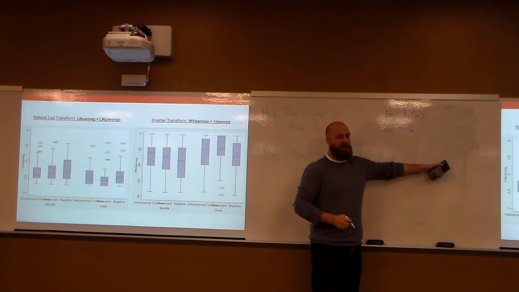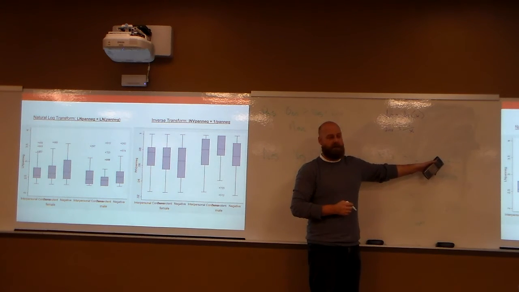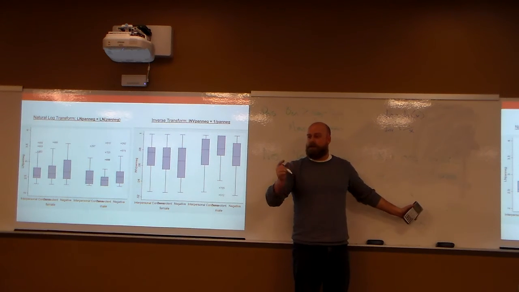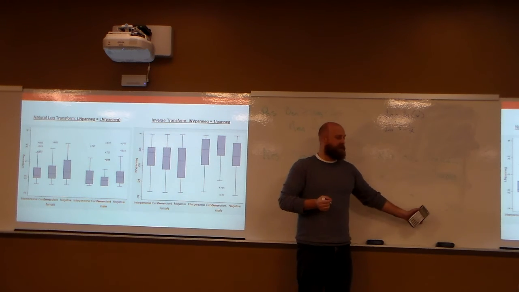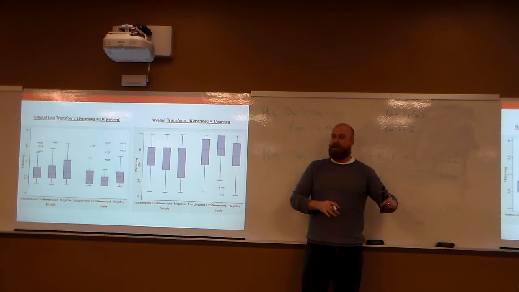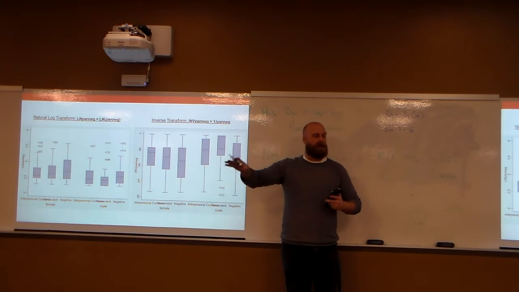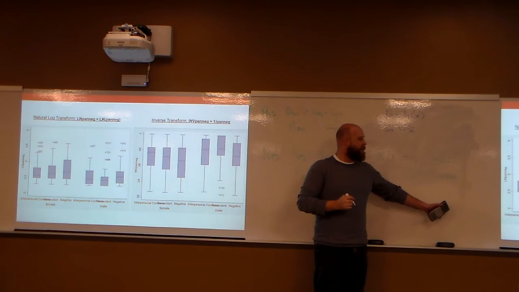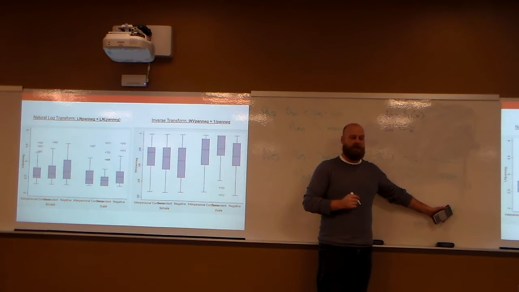If I subtract this from that, is that 250? Nope. Now all of a sudden I've got a subtraction from a transformed score that doesn't have any practical meaning. I can't back translate that into something that makes sense within my common metric. And now all of a sudden it starts to get hard. It starts to become hard for me to say, is this a meaningful effect?